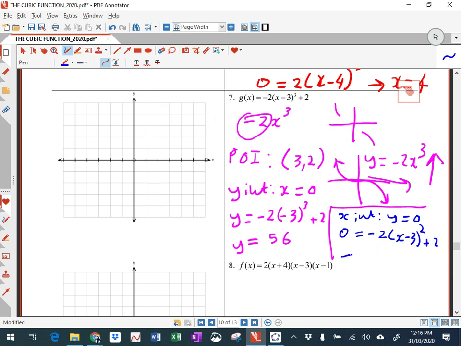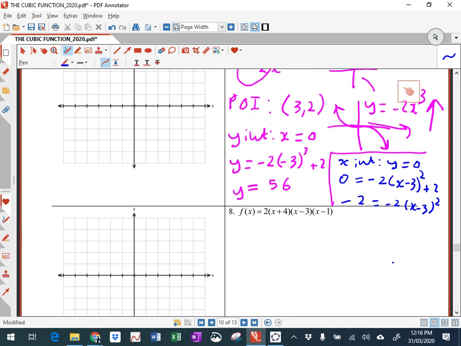Okay, take 2 from both sides, you're going to get negative 2 equals negative 2 outside of x minus 3 squared. I think I have to keep working down the page here. And then we're going to divide through by negative 2. Okay. That cancels that with that, and that gives me 1 equals x minus 3 squared.